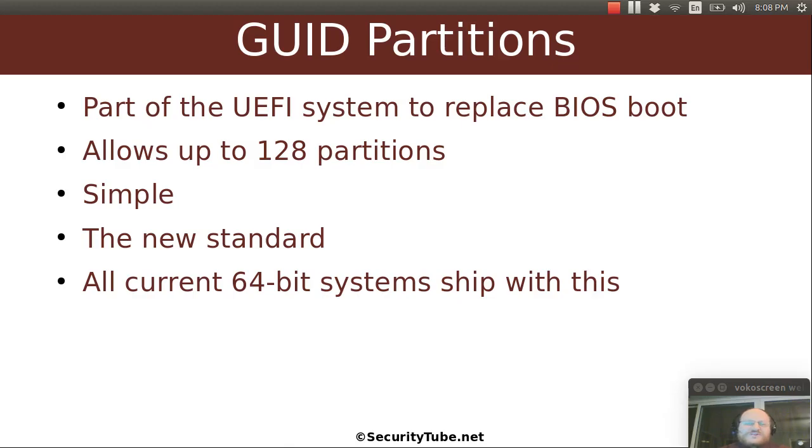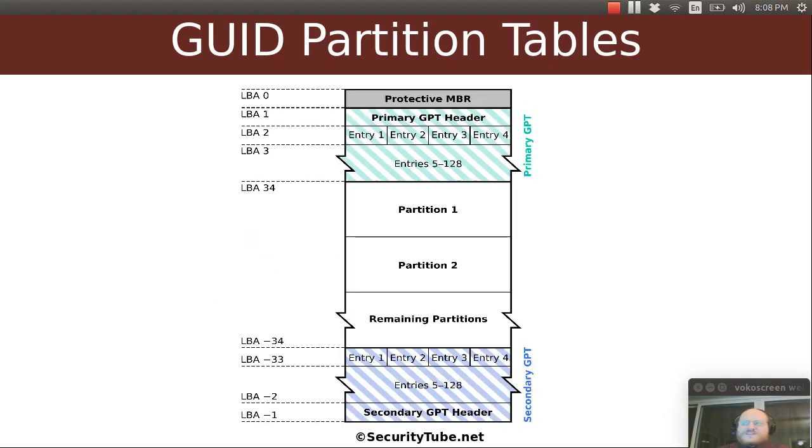So all current 64-bit systems ship with this. If you buy a new computer that's a 64-bit computer, which most of the computers you would buy today are, it will come with a GUID partition system installed.